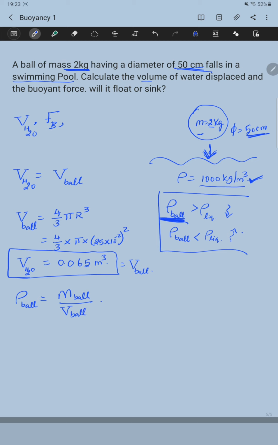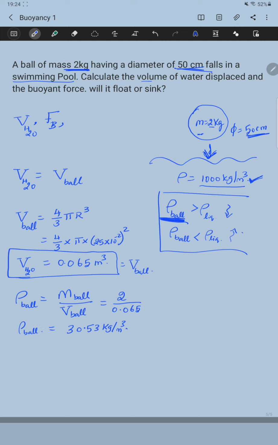Mass is 2 divided by volume 0.065. So the density of the ball equals 30.53 kilogram per meter cube.